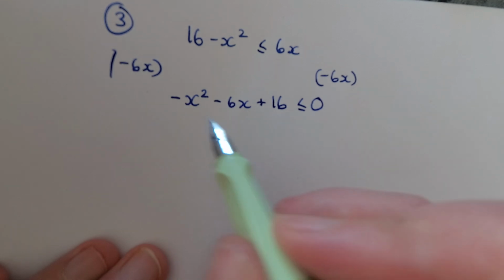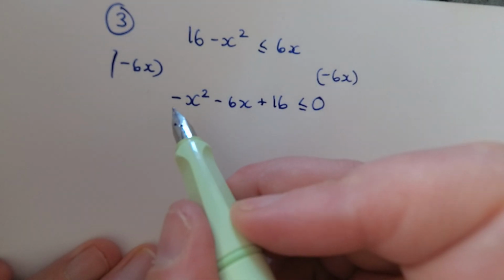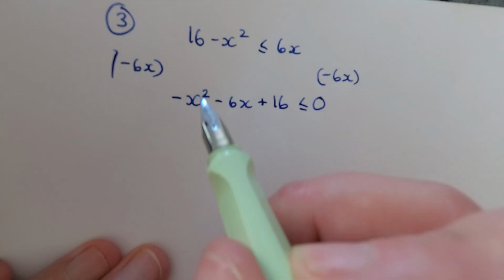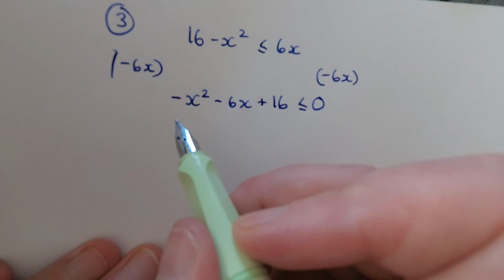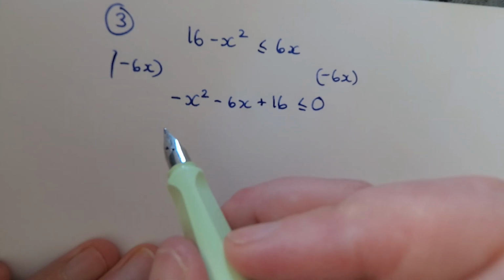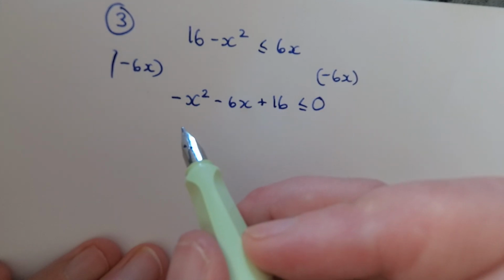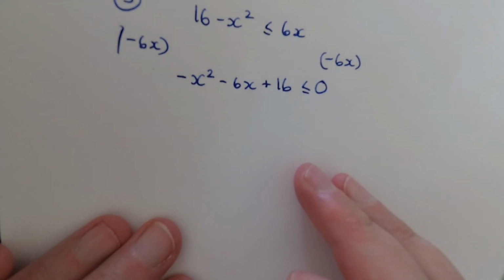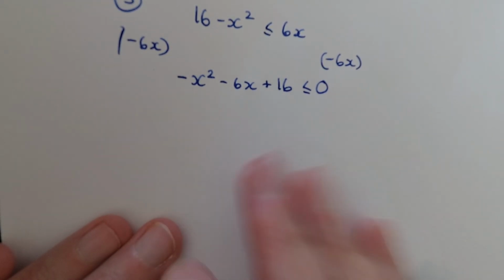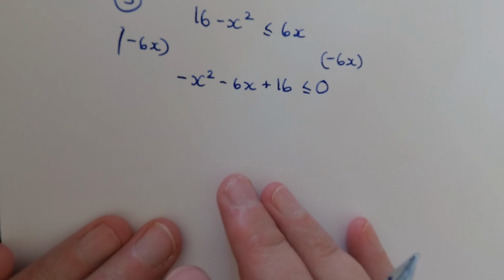Now, to factorise this, with this being negative, is a bit of a faff. You can factor out a minus 1, factorise normally and then put the minus 1 back in, or, if you're a scaredy cat like me and don't like these at all, use the formula. Or if you've got a fancy calculator, pop it in your calculator to get the solutions directly.